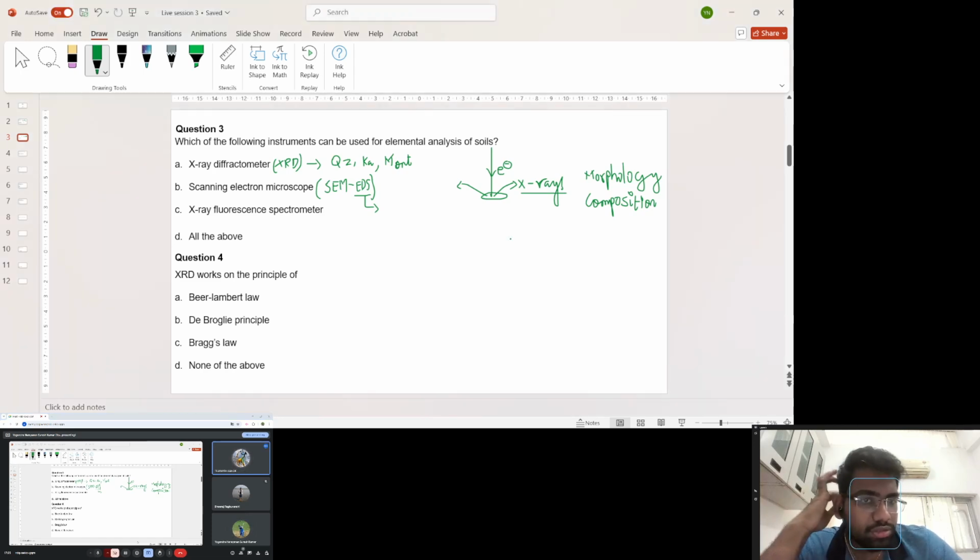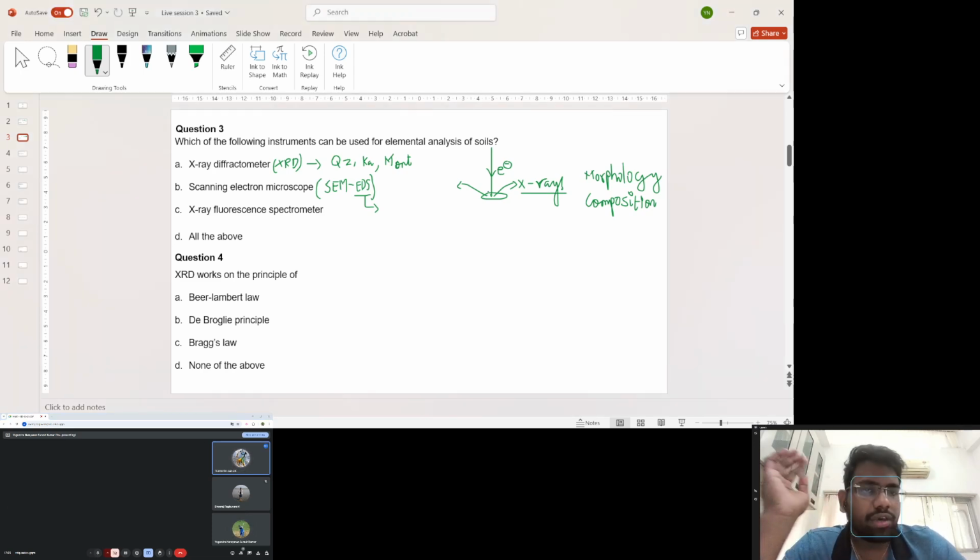Yeah, yeah. So now imagine you are keeping a particle or a sample for analysis. How it works is you direct a focused electron beam and try to bombard the particle with electron beams. That is a scanning electron microscope.